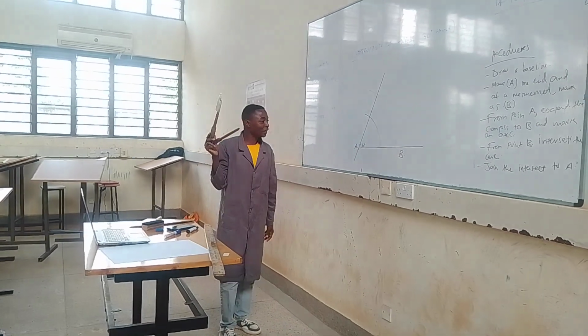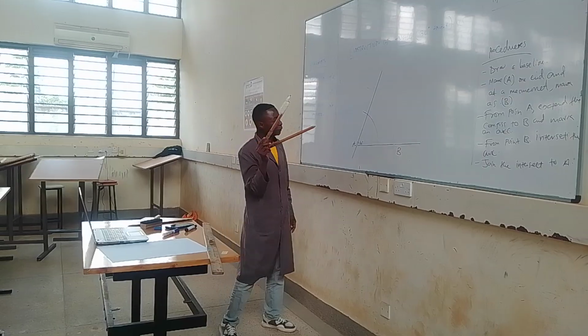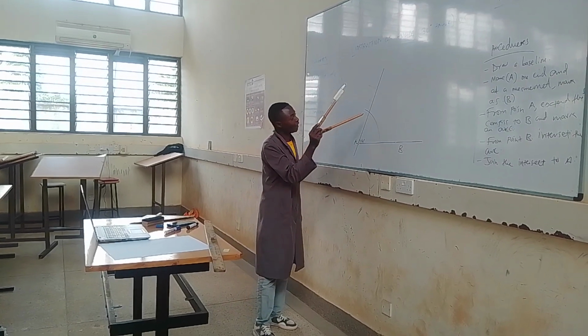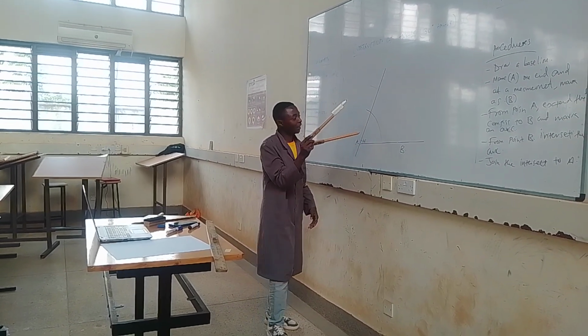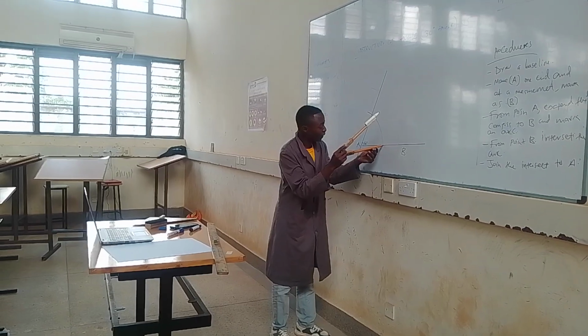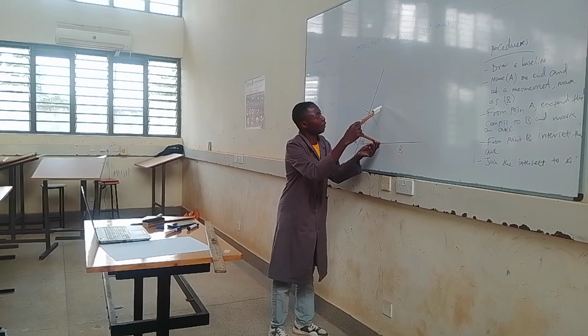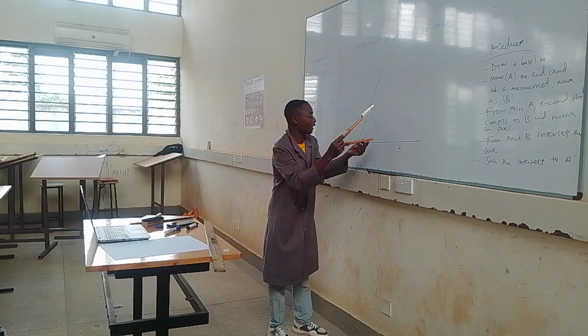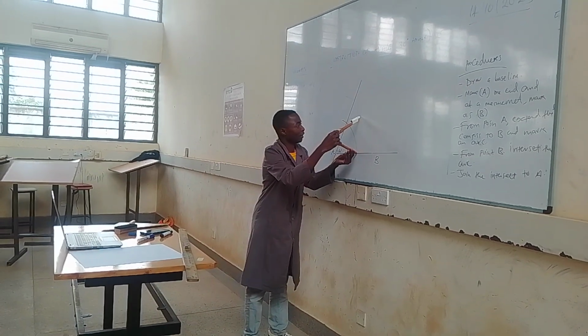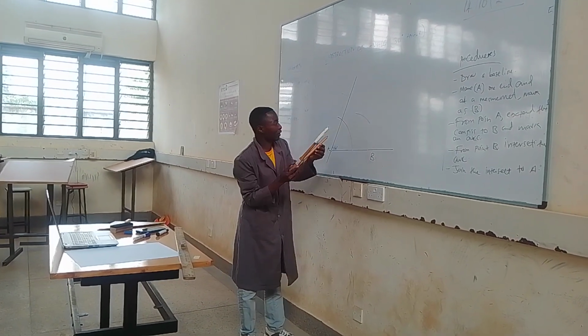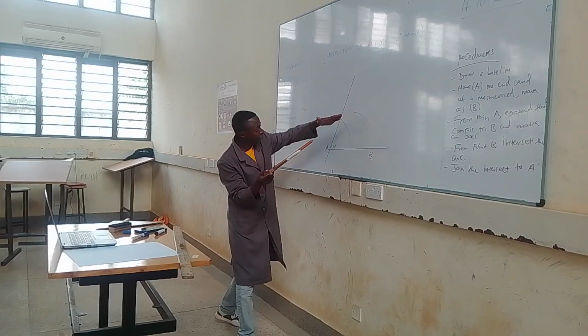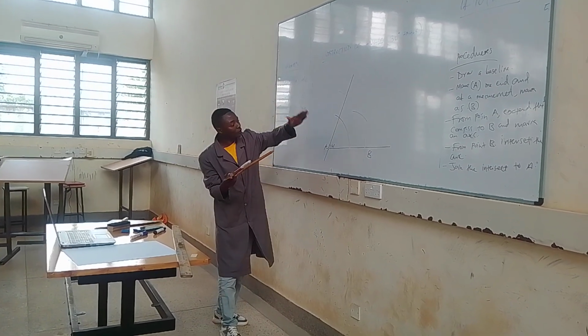adjusting the compass again, you come back to the point where it has been intersected, and then you make an arc estimating the middle of this angle.